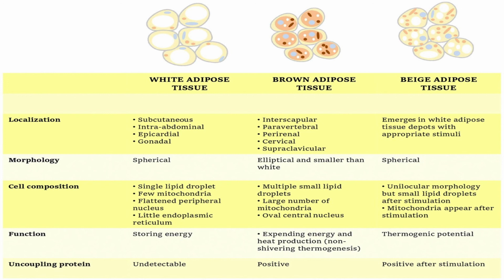Brown adipose is used to expend energy and produce heat, and it does this with the same chemiosmosis process that's used by ATP synthase to synthesize ATP in the mitochondria. But in this case, ATP is not being synthesized, so that energy is going into heat to keep someone warm.